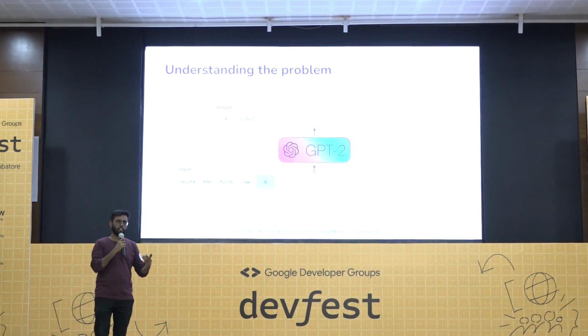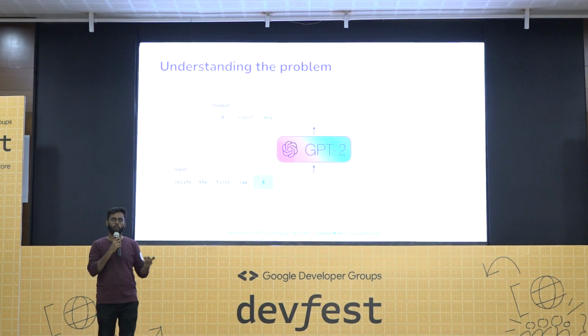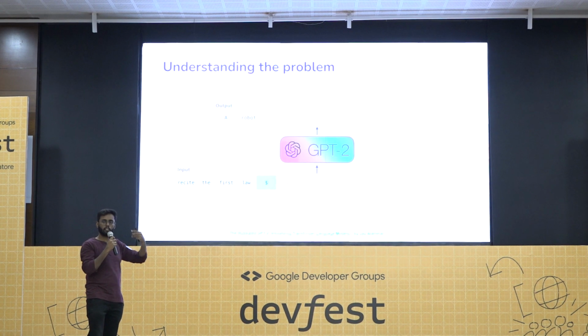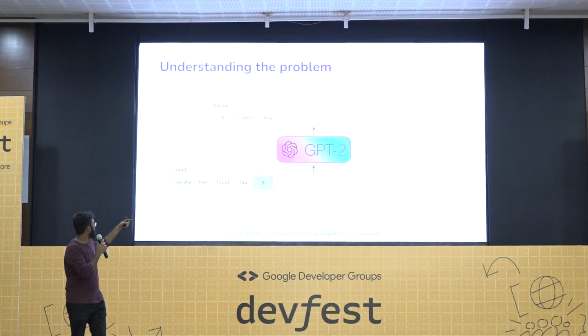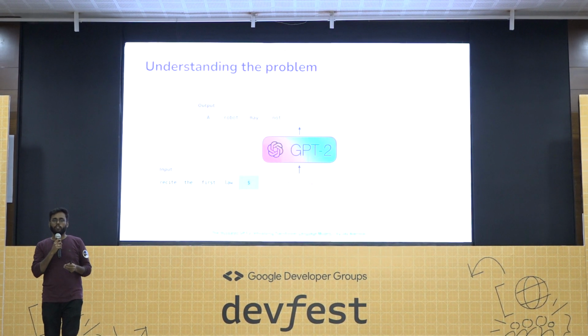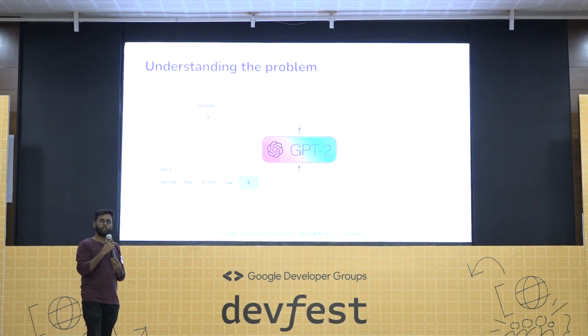When we generate a sentence from a large language model, for example we have given an input, recite the first law, and each word is generated one by one. First A is generated, and based on A along with the other inputs that we gave to the model, it goes as an input to the next step, and then the next token is generated, and so on and so forth.